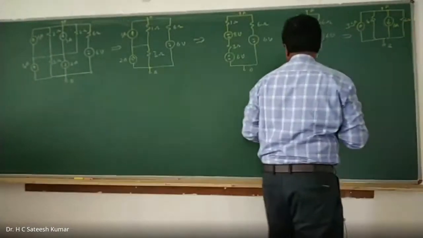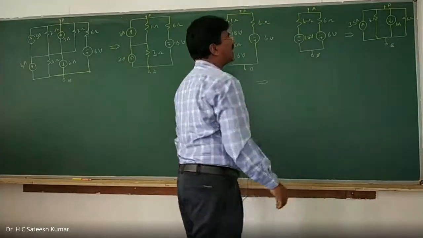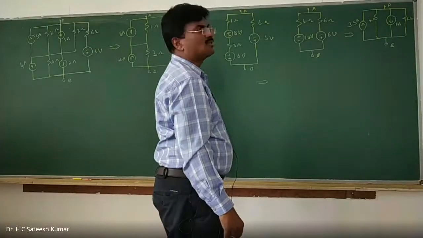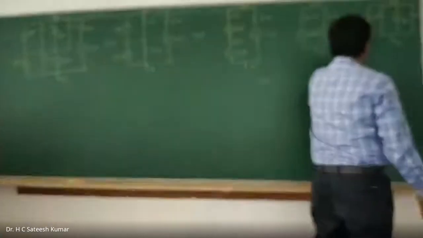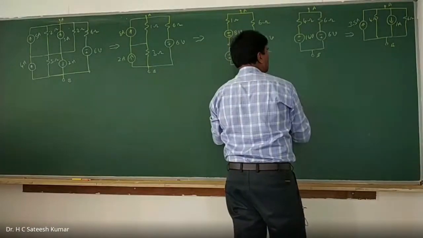Now the equivalent of it will be converted into 3.5 up, 1 down. So therefore, what will happen? Difference you should take. The bigger one gives the direction. So the bigger one is this one. So direction is 3.5 upward. 3.5 minus 1, 2.5 upwards.